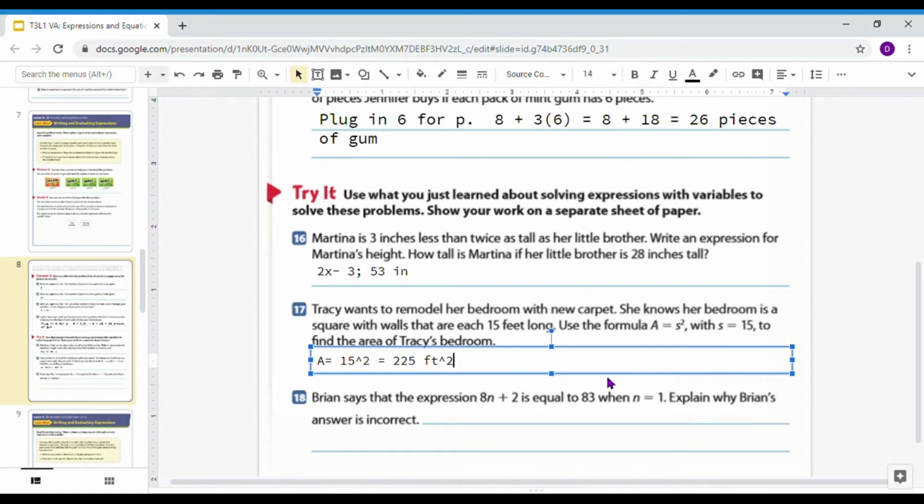Now moving on to number 18. Brian says that the expression 8n plus 2 is equal to 83 when n equals 1. Explain why Brian's answer is incorrect.